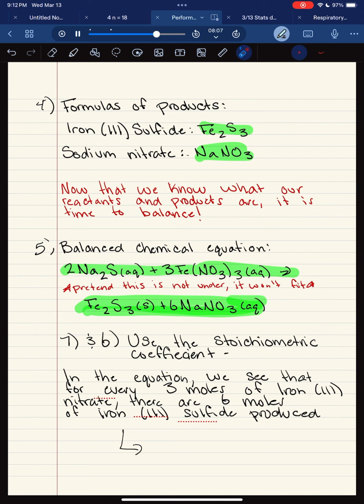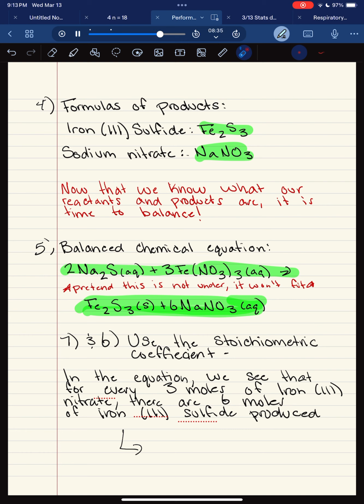The states of matter symbols help to represent what is physically coming out of our reaction. And then continuing on, we're going to use our coefficients here to help us answer both question 7 and 6.